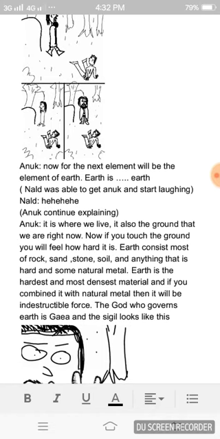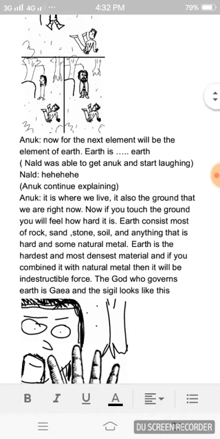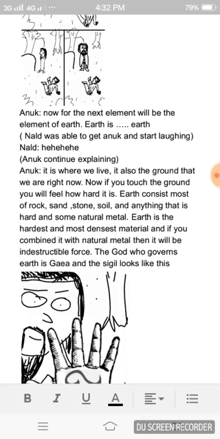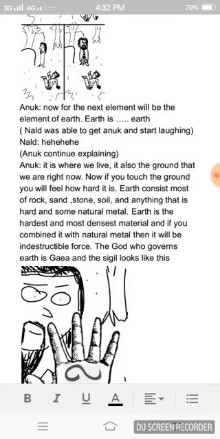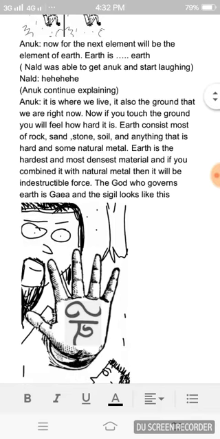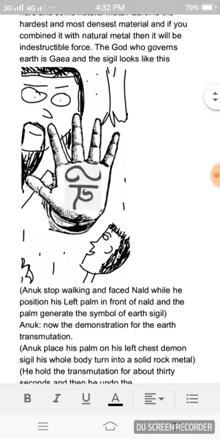If you touch the ground, you will feel how hard it is. Earth consists of mostly rocks, sand, stones, soil, and anything that is hard, and some natural metal. Earth is the hardest and densest material, and if you combine it with natural metal, then it will be indestructible. The god who governs Earth is Gaia, and the sigil looks like this."